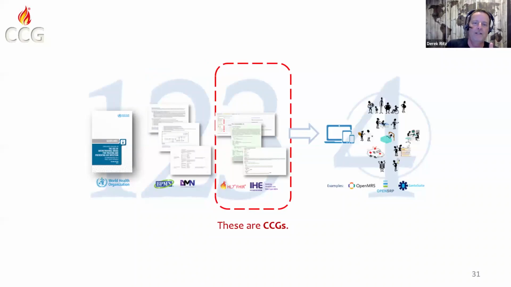These are CCGs. When you now take and express using HL7 FHIR, version 4 is what the current specification is for the CCG, the CPG on FHIR implementation guide, you now use plan definitions and activity definitions and CQL, which is clinical quality language expressions to describe this care logic in a format that can be ingested by and operationalized by a computer.